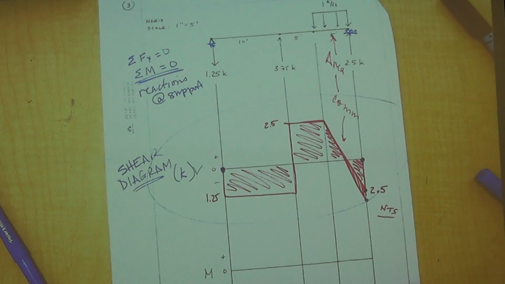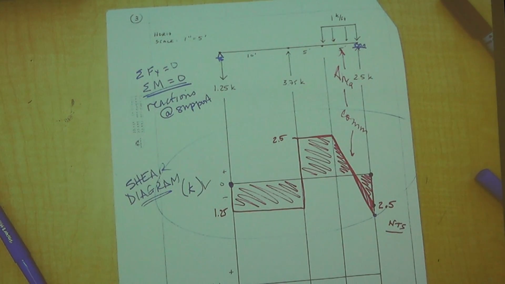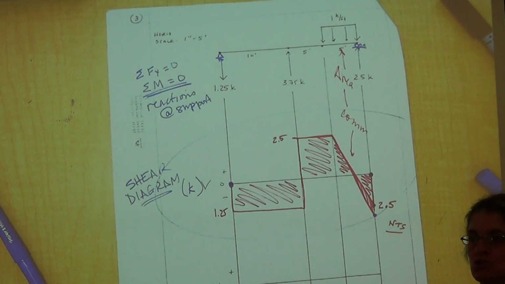Just wondering, because we can make that distributed load into a point load, right? Yes, that's what Rachel asked. You could, but not on these types of problems. That's all you're communicating, the equivalent force. Everybody listen to this.